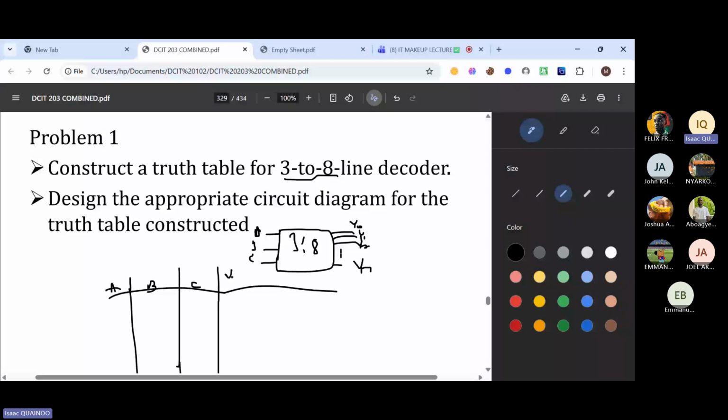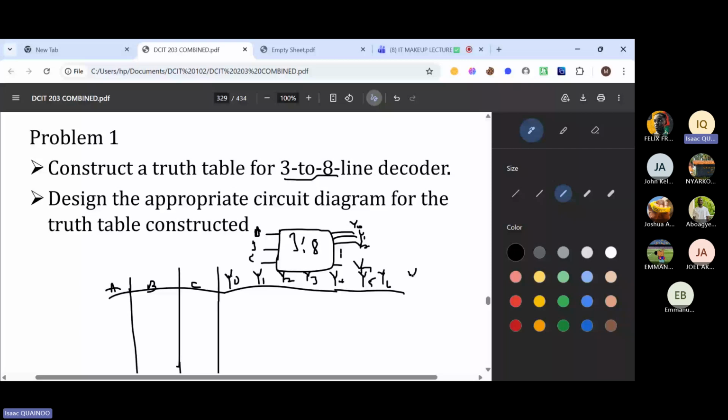I think I'll address a very critical question here: where do you stop? So Y3, Y4, Y5, Y6, and then Y7.